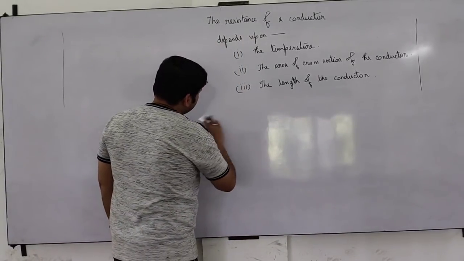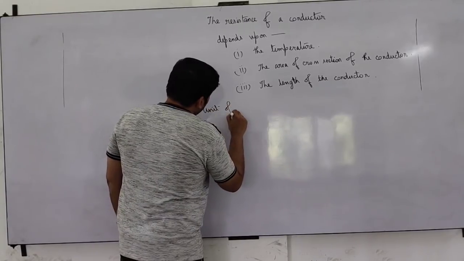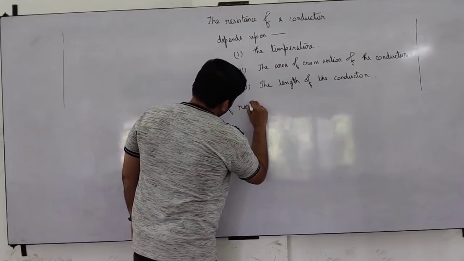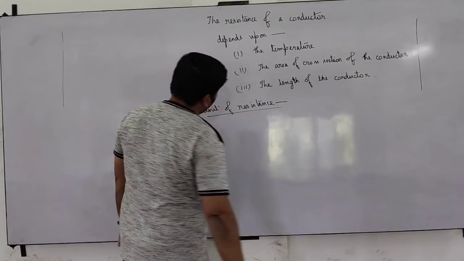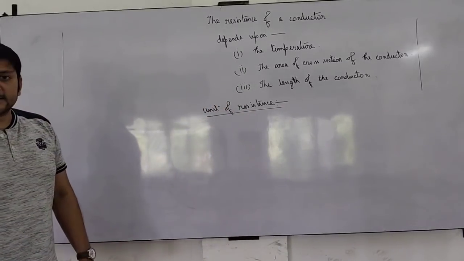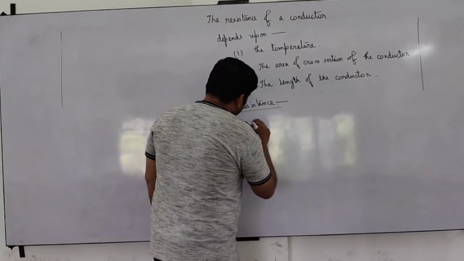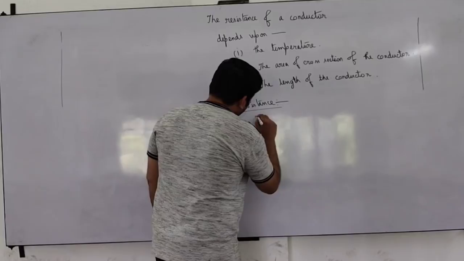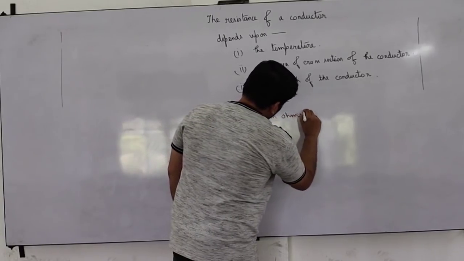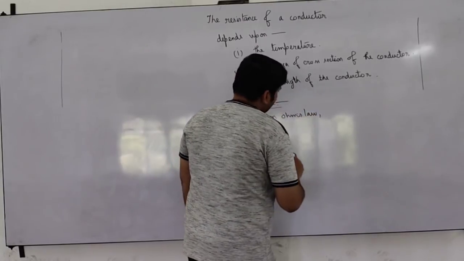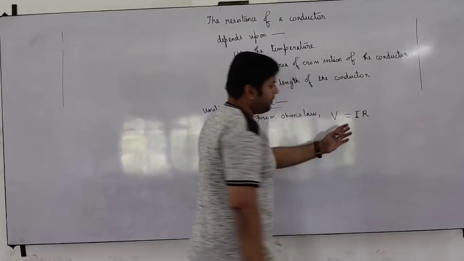You see. Unit of resistance. From Ohm's law, we found that V is equal to IR. We have got it.